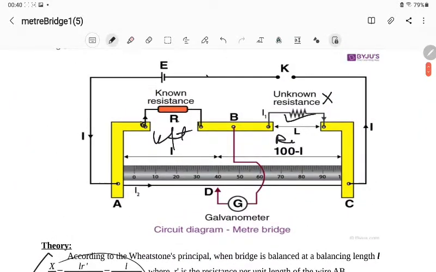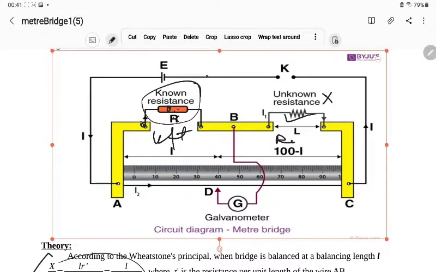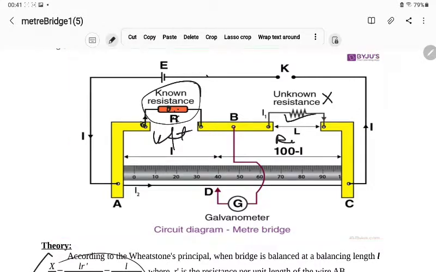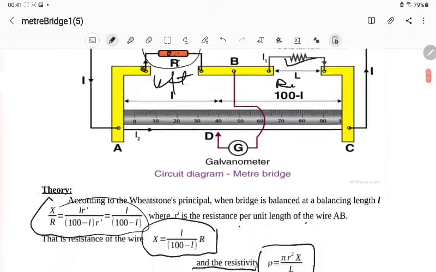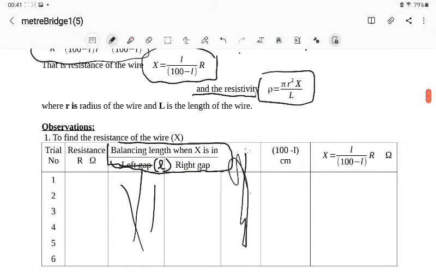So first, how you are going to do the experiment. First, you have to give some value of resistance in this resistance box. Okay, now I will give here 0.5 resistance. I will keep 0.5 resistance here in this left gap. So you have to note down this 0.5.